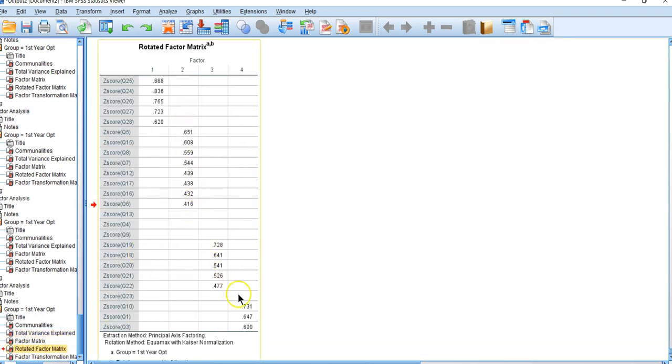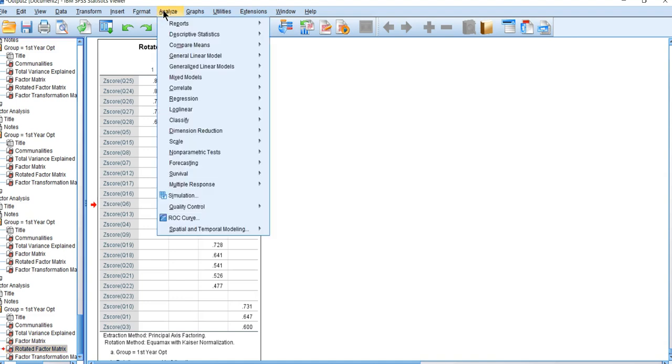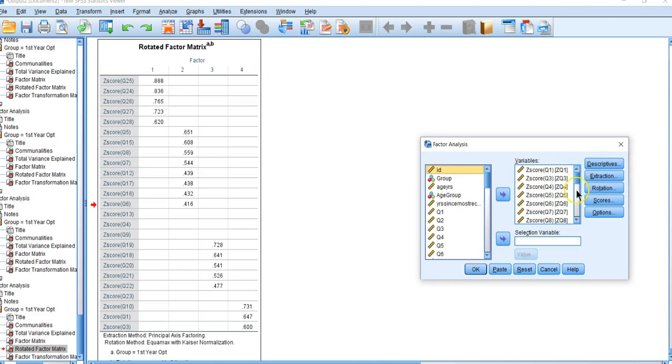But we have question 23 that looks like it could use some help there. Dimension reduction. Question 23 we're going to get rid of.